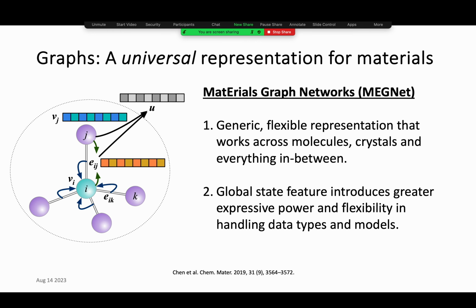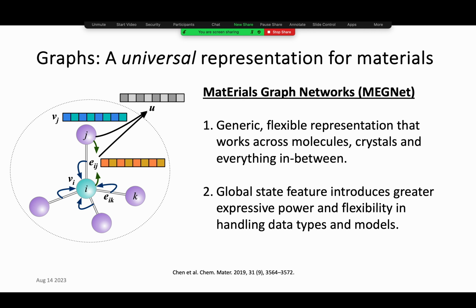Now, the type of architecture that my group works on primarily is graph neural networks, and it turns out that graphs are a very good universal representation for materials. You can think of the atoms as nodes in the graph, and the bonds of the atoms as basically the edges in the graph.